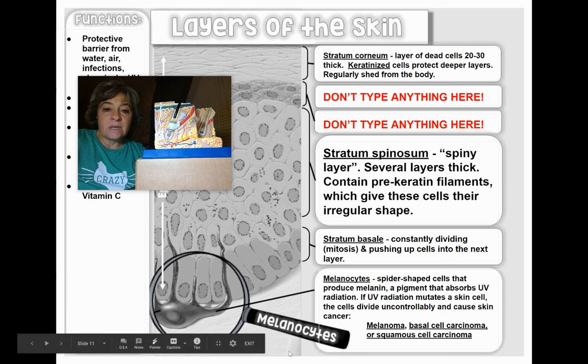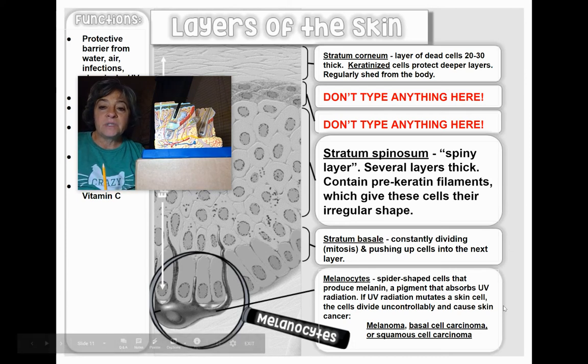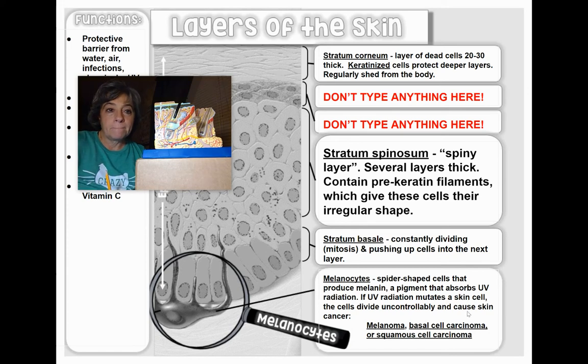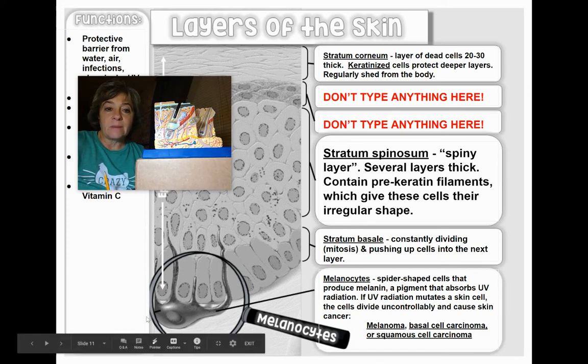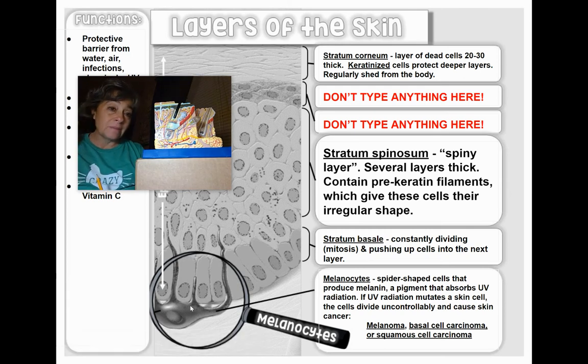Remember, cyte means cell, and melano refers to melanin, this other chemical that is a pigment. It says they're spider-shaped cells that produce melanin. This pigment absorbs ultraviolet radiation. So these are the cells that protect your epidermal tissue from the damaging part of ultraviolet radiation.